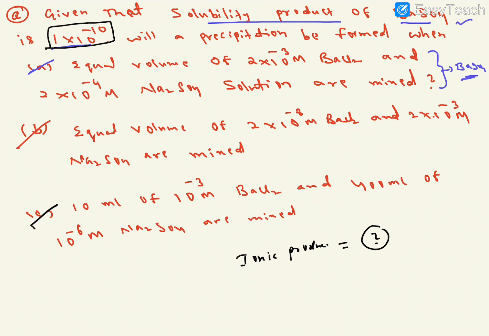Equal means, as I said already, the ionic product and KSP are equal, so it is going to precipitate, but not completely. I explained all the relations for less than and greater than. Just try these two questions and comment to me, and thank you for watching this video.